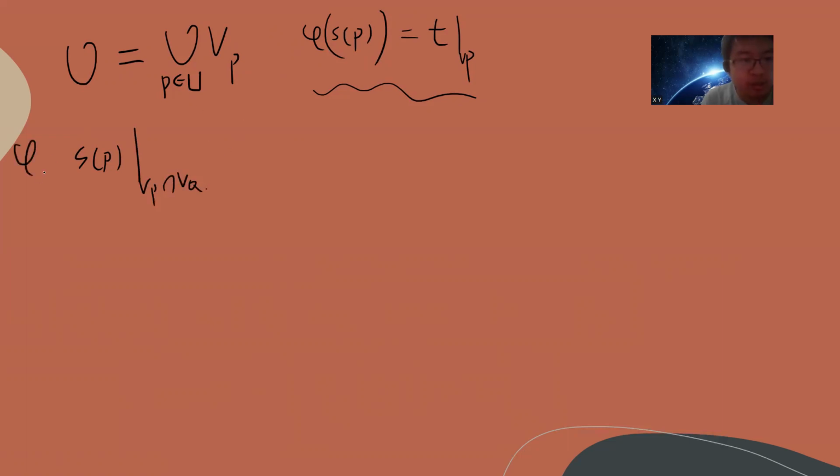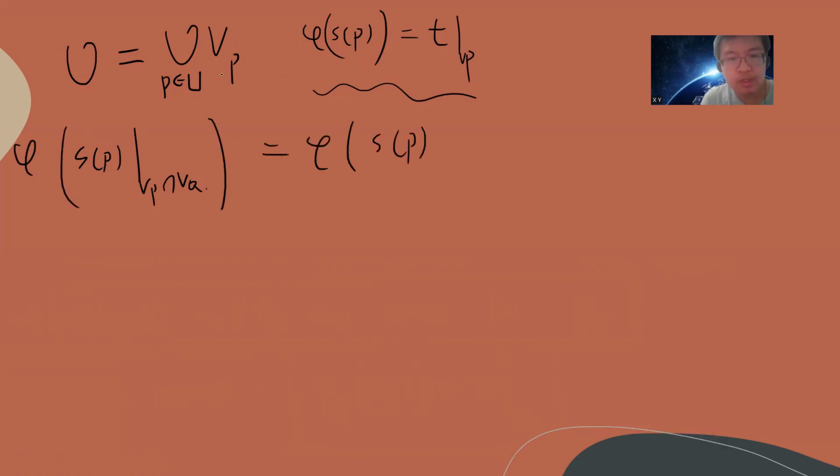It's very beautiful that T, this section on V_P, is always the same as phi(S_P). So we need to check that they are equivalent on their intersection. Suppose the intersection of V_P and V_Q, and suppose these are the same.